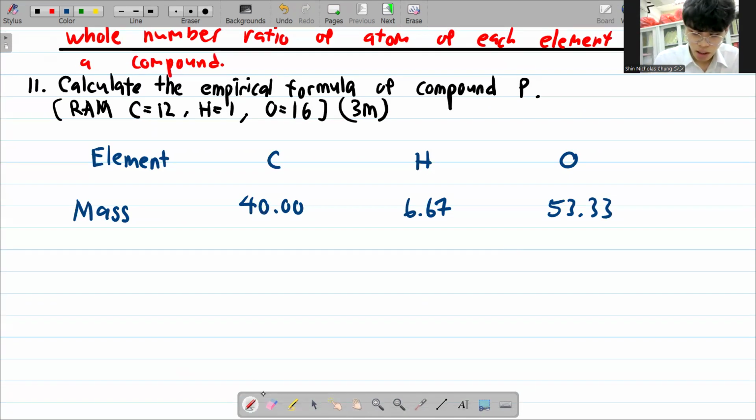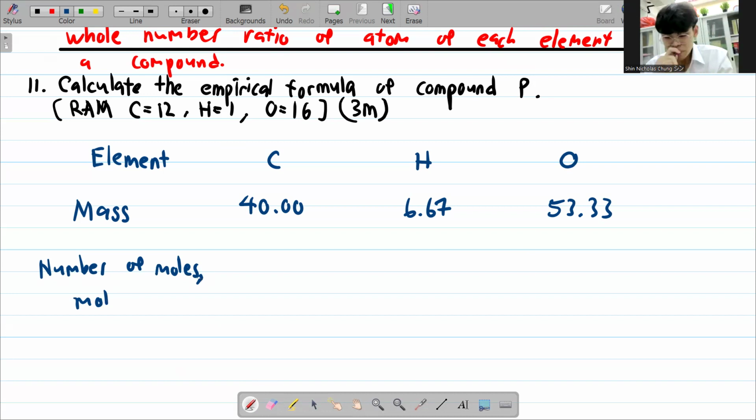Then after our element, we have our mass, or you can say percentage. And then what do we have? We have our number of moles finally. So how do you calculate number of moles? Simple as that. Mass divided by molar mass.